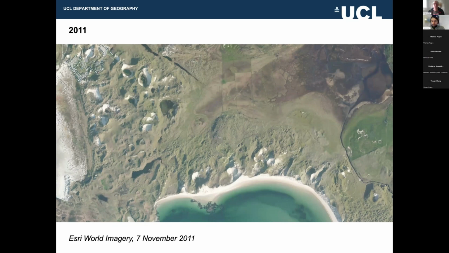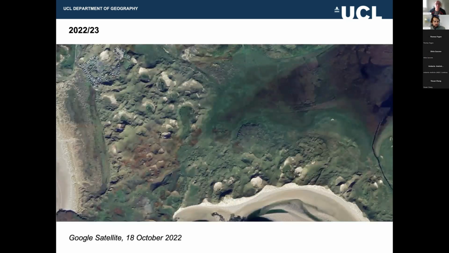So the next satellite image we select is this one from 2011, and the final one is the Google Maps image from 2022. They are also combined with another survey we did: we generated a DEM and orthomosaic from drone surveys in 2023 for the west side only. That's this side of the dune.